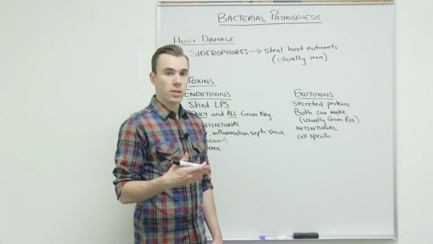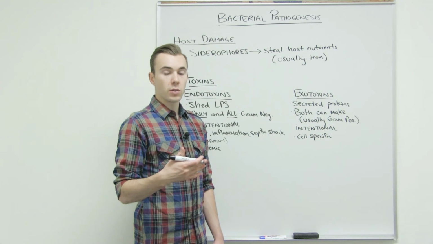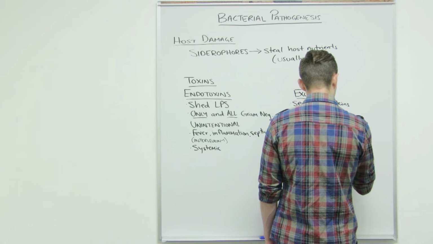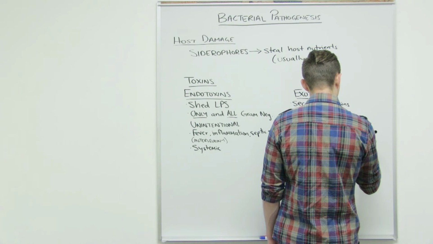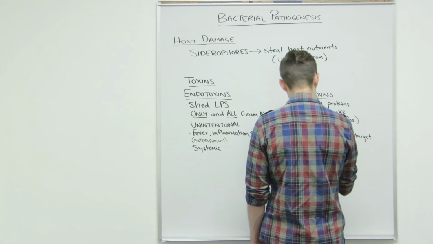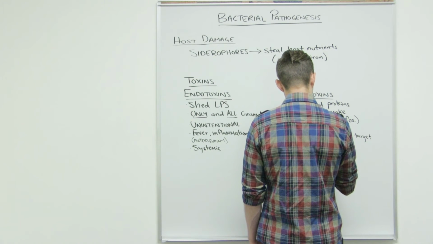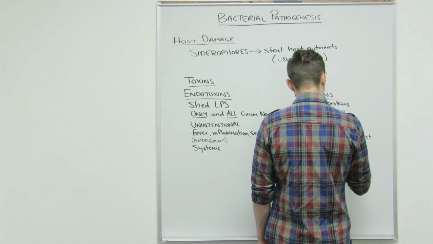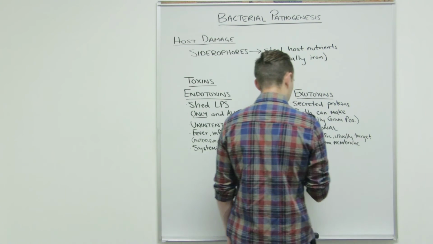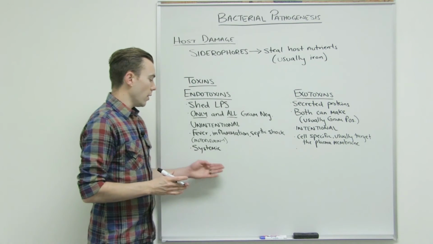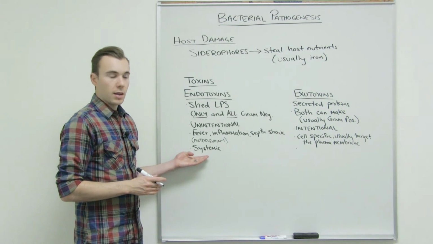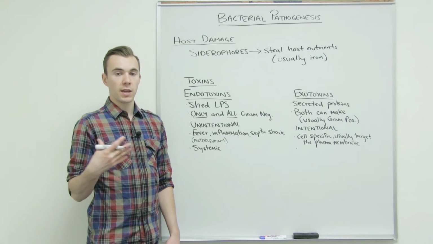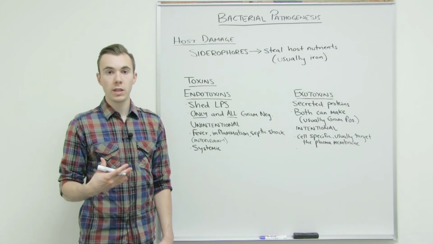So the area where the exotoxins will target on the cells is going to be on the plasma membrane. And unlike endotoxins that were systemic, exotoxins, because they're targeting a specific cell, means it's going to target a specific area. So therefore, exotoxins are going to be localized.